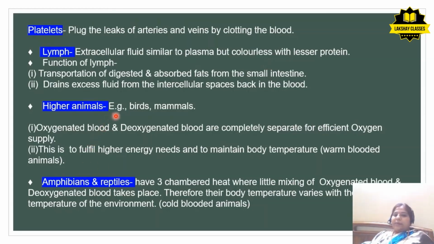In higher animals, for example birds and mammals, what happens? Oxygenated blood and deoxygenated blood are completely separated. As I have already told you, there is a partition between the right part of the heart and the left part of the heart by the help of the septum.